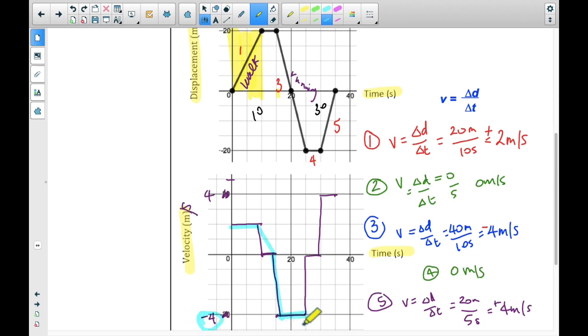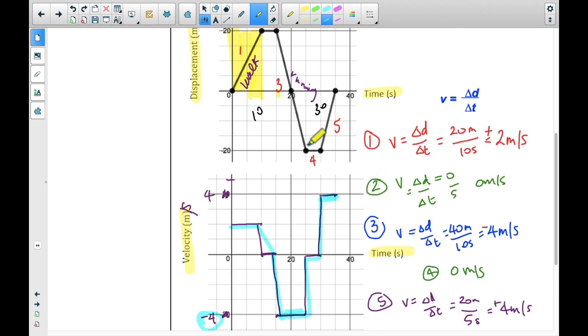So it's a -4. And then we transition and we stop for 5 seconds. And then we transition and then we run the same speed as we were running here, except we're running forwards now. Here we were running backwards because it's down in the negatives. Here we're running forward because it's in the positive direction.